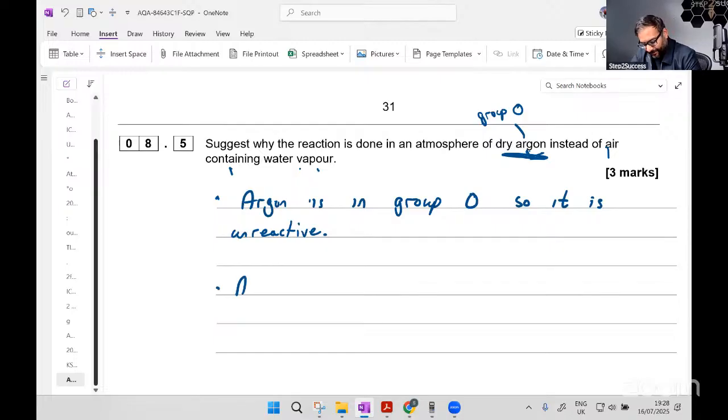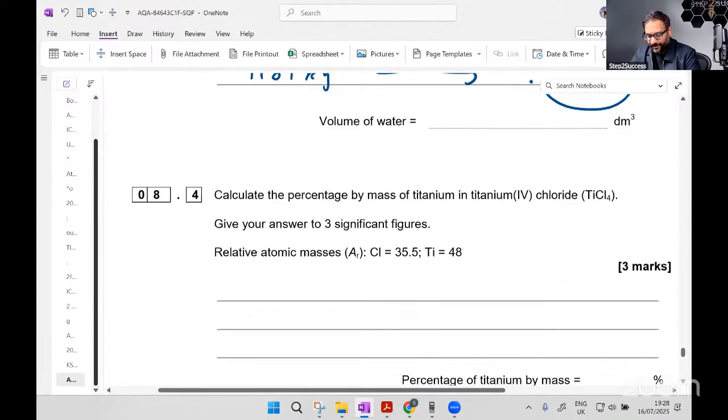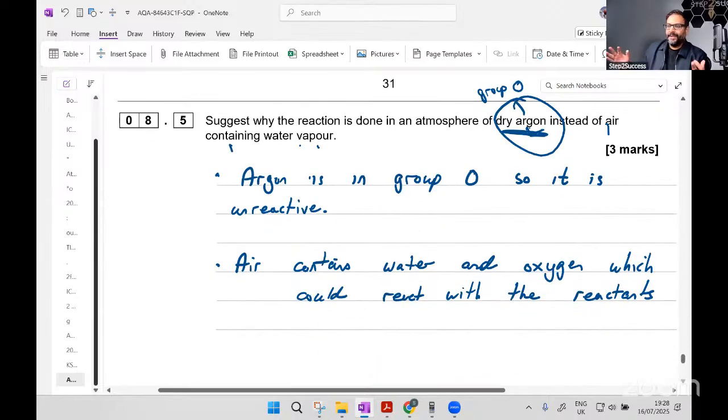But air contains water and oxygen, which could react with the reactants. So we don't want these things in our reaction to react with anything else. So that's why you might do it in a gas that's completely unreactive. That's the main knowledge that you want from there.